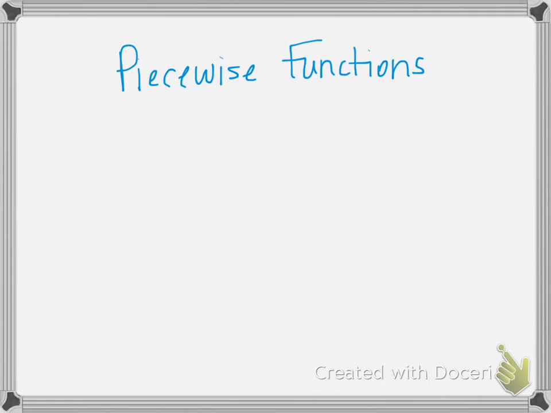So we're going to talk about piecewise functions a little bit. I want you to first remember what a piecewise function looks like as far as the graph is concerned. Basically, there's two pieces. It might not connect.